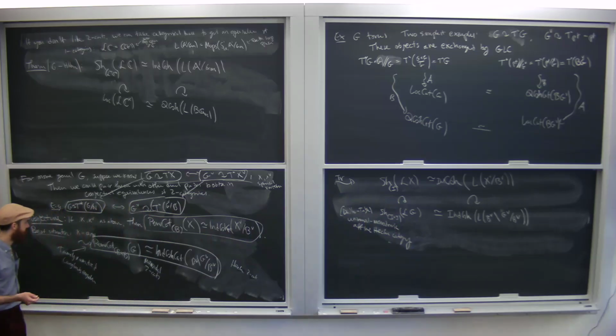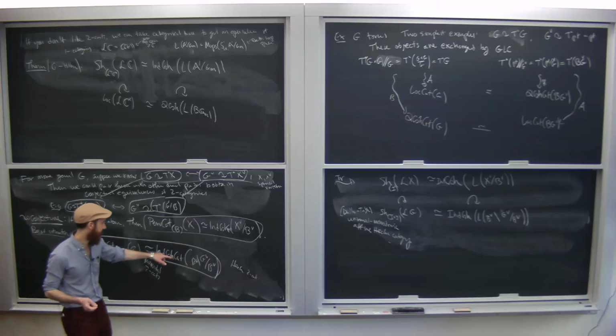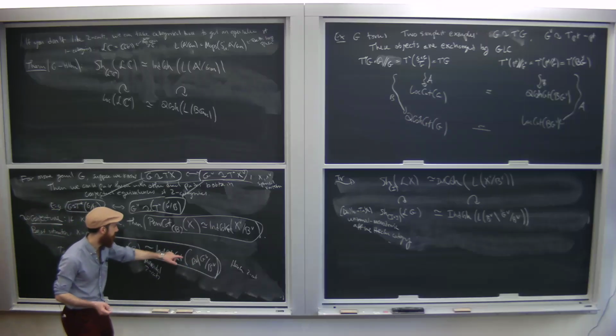where they constructed some sort of equivalence between B-times-B constructible sheaves on G and the K0 of this thing here.